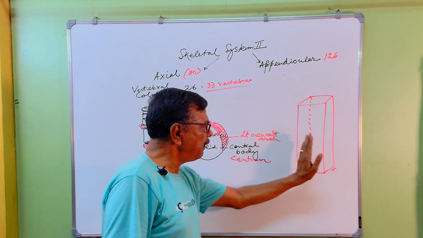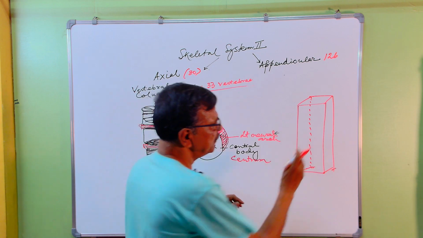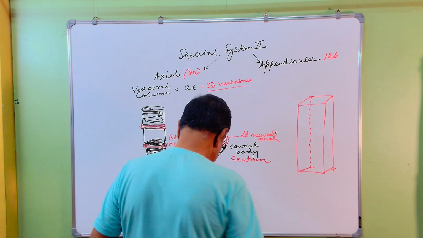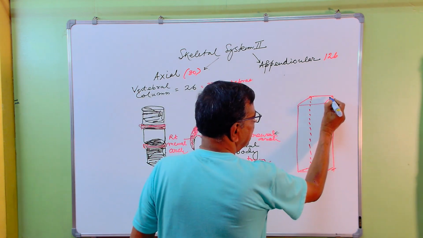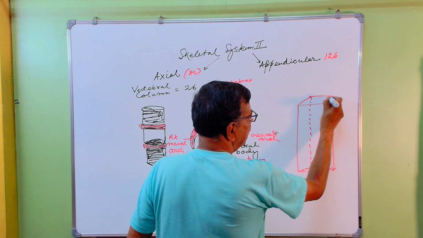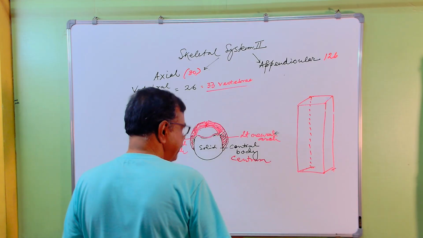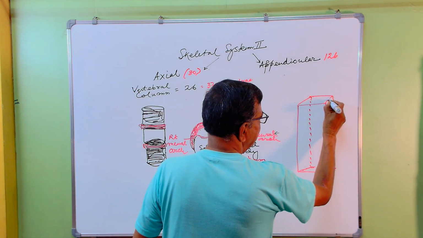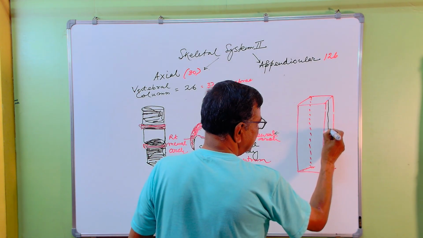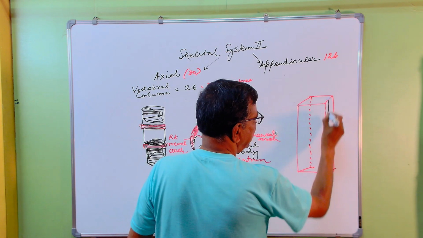On the side of the column, suppose this side, there is a tube like this, the spinal cord.